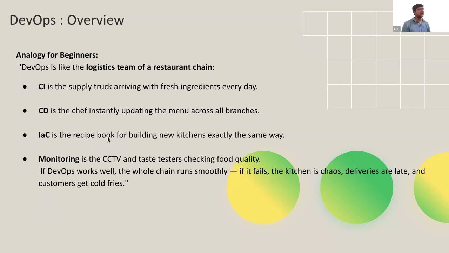Infrastructure as code is like a recipe book. Depending on that book, every kitchen would do things in the same way. Monitoring is like a CCTV camera where the admins check if everything is okay and are tracking that.